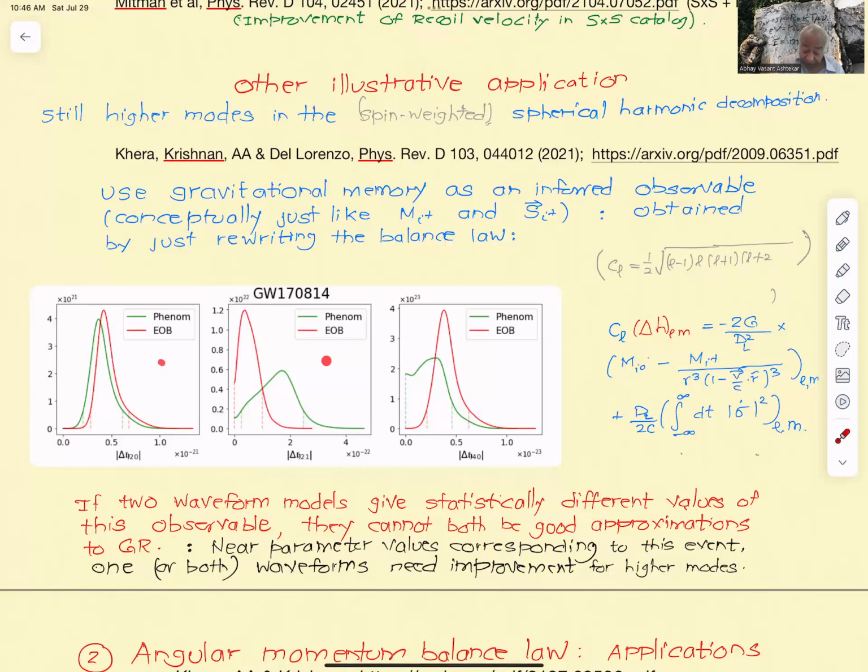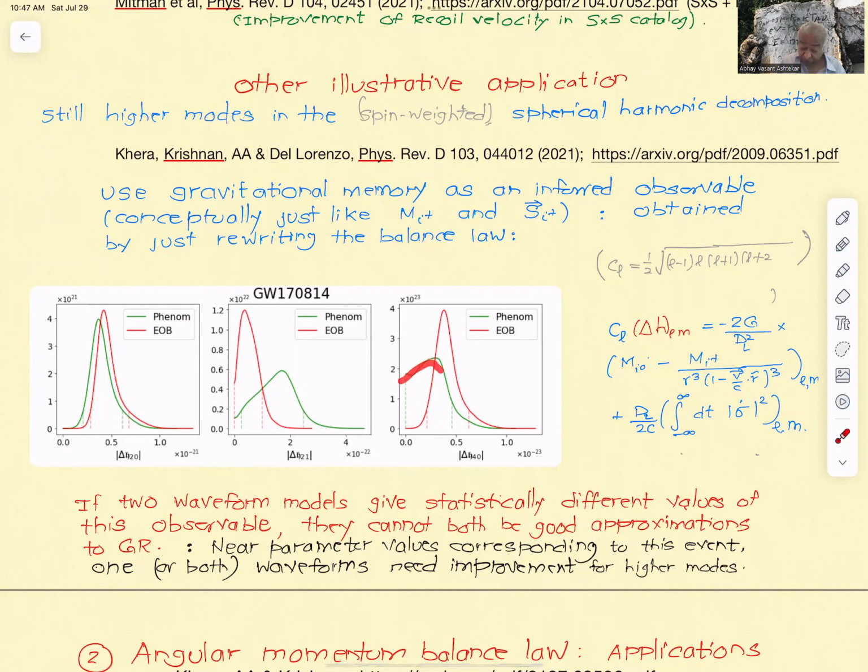And again, it is plotted for the three models, Phenom and EOB, for different lm. So this is h20, h21, and h40. You can see that for h20 there is very good agreement. As we go to the higher modes, the agreement becomes not so good.